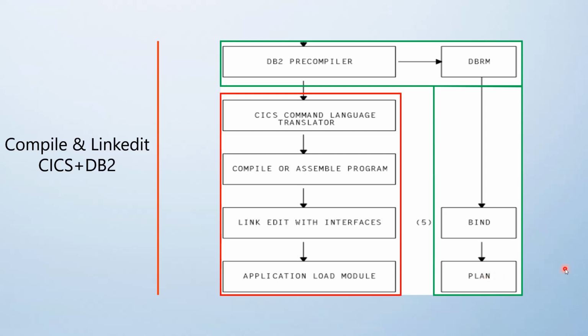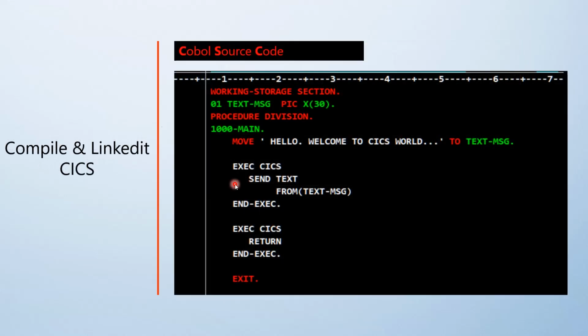So for now, let's move on. This green color part is showing the process which is related to COBOL CICS DB2, and the red color part is showing the process which is involved for COBOL CICS modules. Let's move on.